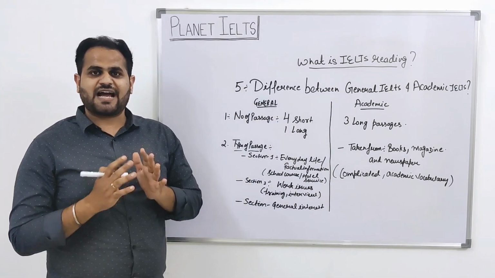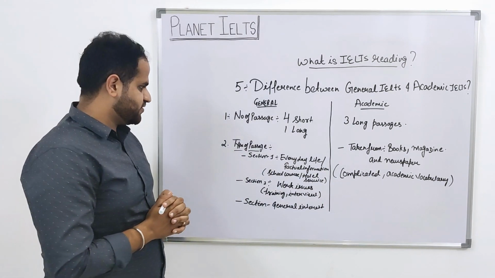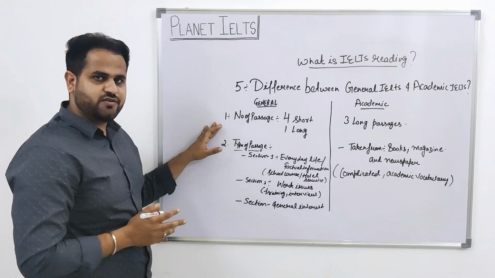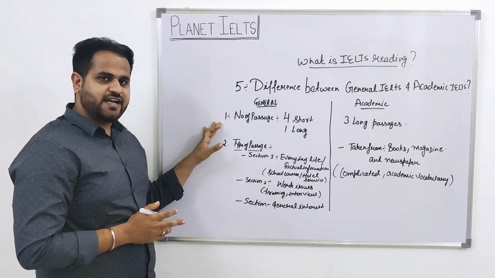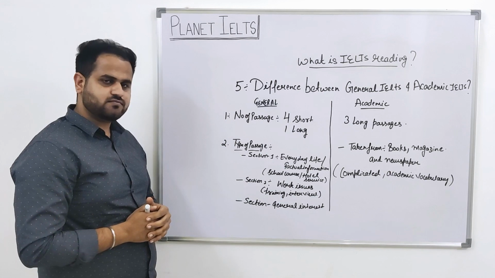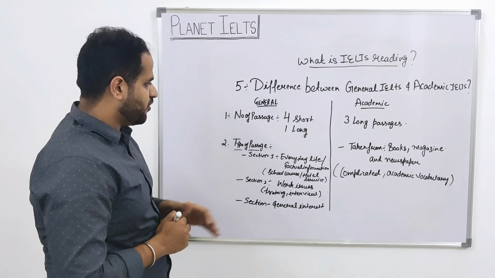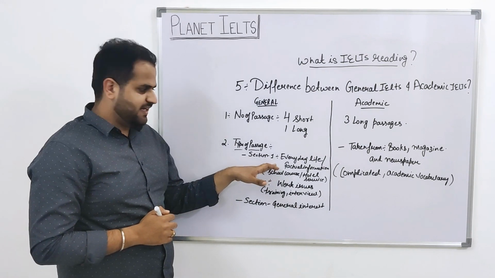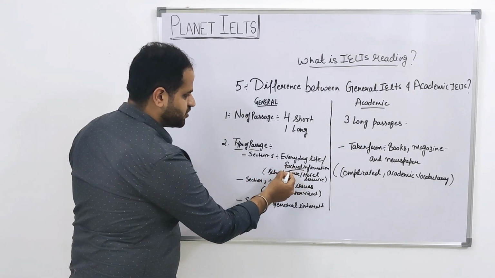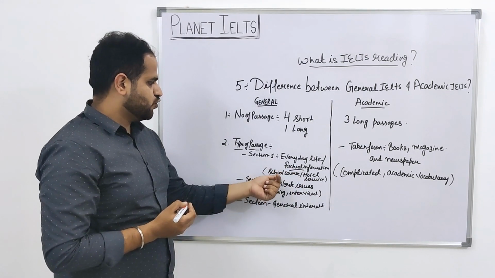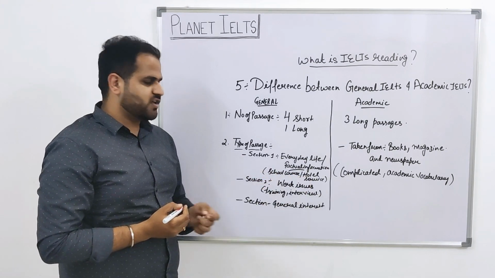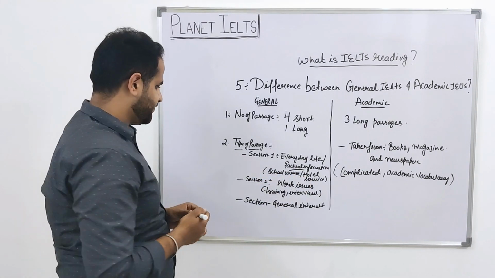If we talk about the kind of content in the passage, in case of general reading, this content varies section wise. In section 1, the content is going to be from everyday life. It can be some factual information like school courses, hotel services, anything.